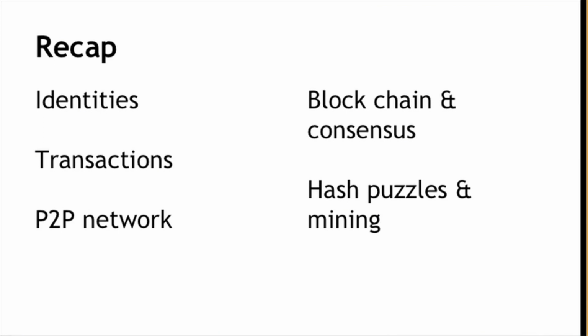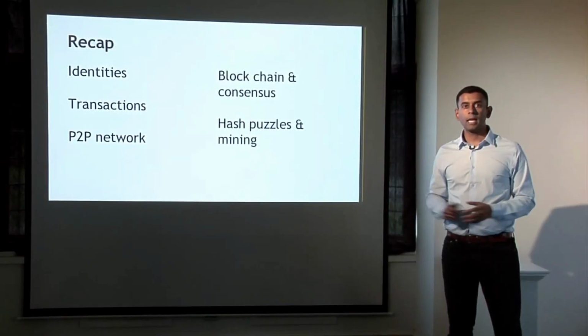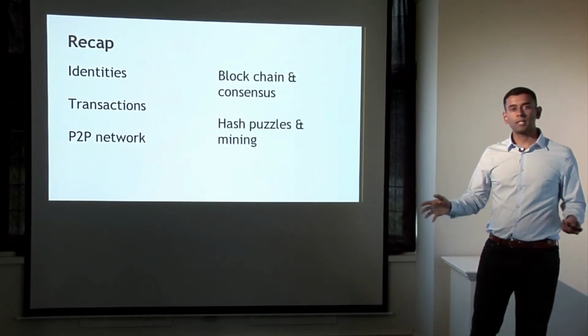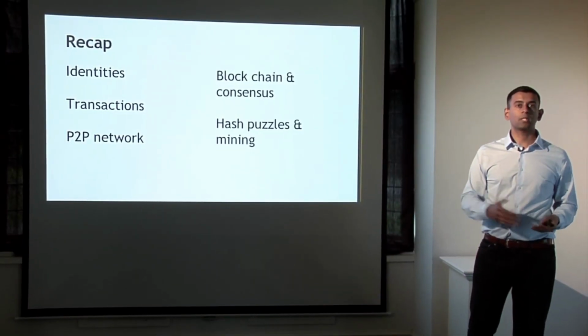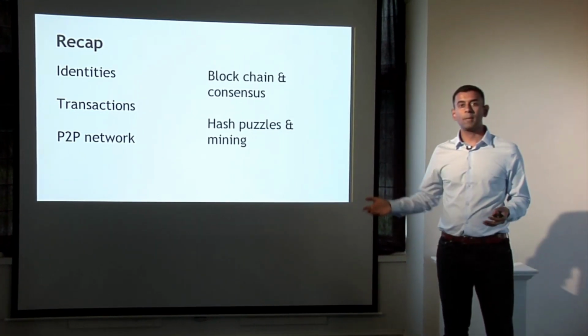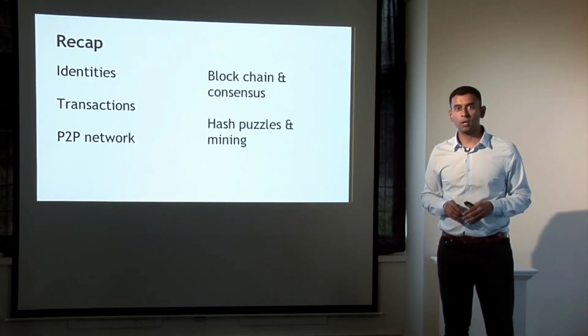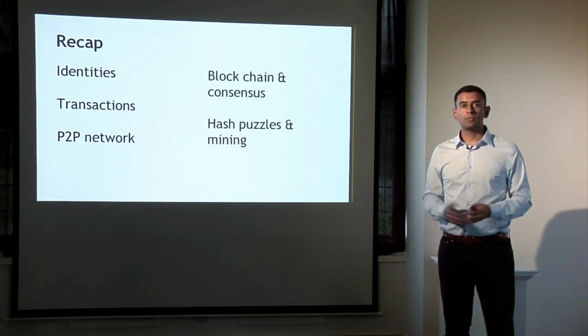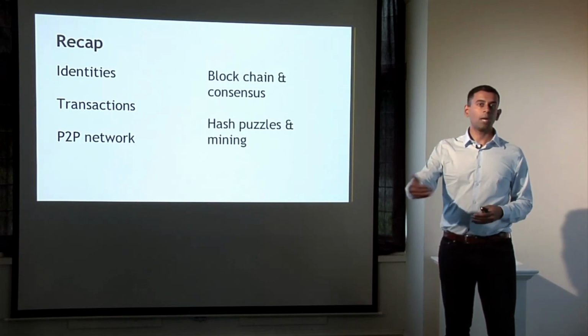Let's start from identities. As we've learned, there are no real-world identities required to participate in the Bitcoin protocol. Any user can create a pseudonymous key pair at any moment, any number of them. And when Alice, for example, wants to know what address Bob wants to get paid at, that's not part of the Bitcoin protocol. That needs to be through some other process, for example, on Bob the merchant's website.